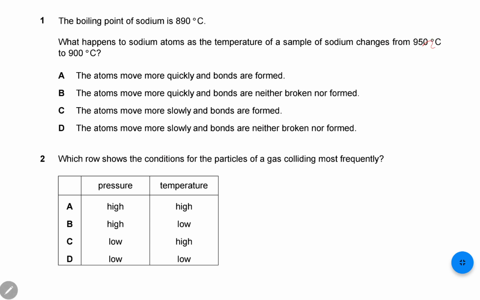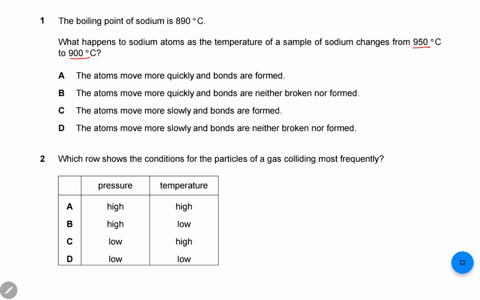You can say that there's a drop in temperature, from 950 all the way to 900, meaning there's a change of state taking place here. Now, the atoms move more quickly and bonds are formed. Well, we can see that there's a loss of temperature. There's a loss of heat here. Heat is being lost from 950 to 900, meaning this is an exothermic type of reaction.